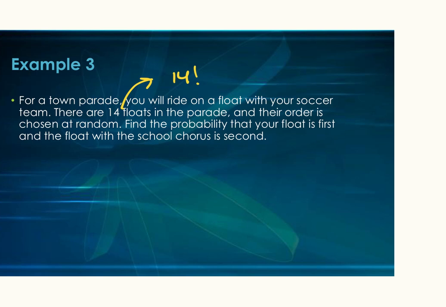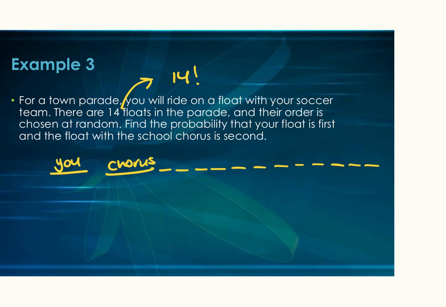If it had just said, find the probability that your float is first, you would just be worried about that very first spot, okay? But it's saying, what's the probability that you're first and the chorus is second? And then there are 14 floats.